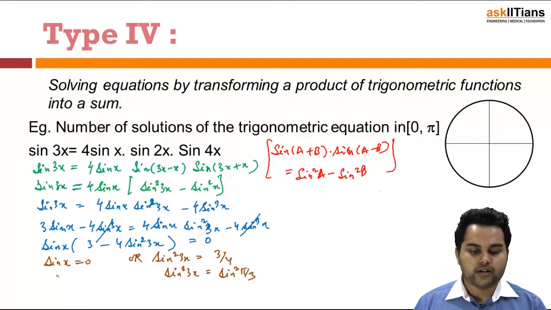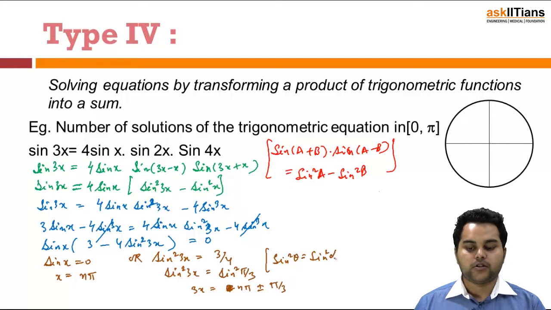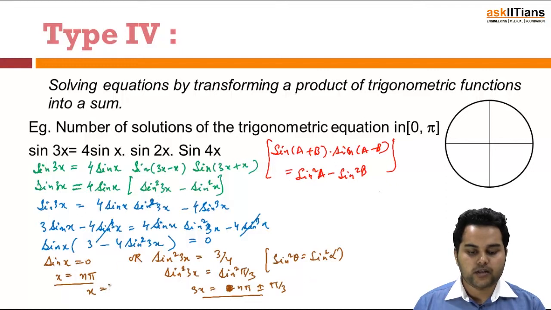From the first equation I would get the solution as x is equal to n pi, and from the second I would get 3x being equal to n pi plus minus pi by 3, as it is of the form of sine square theta is equal to sine square alpha, and the solution to that was theta is equal to n pi plus minus alpha. That's why I get this solution that can be rewritten as x is equal to n pi by 3 plus minus pi by 9.